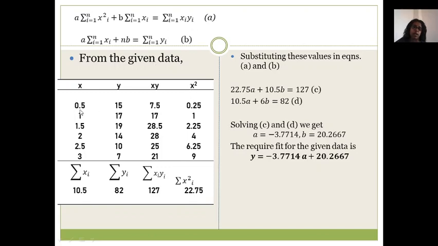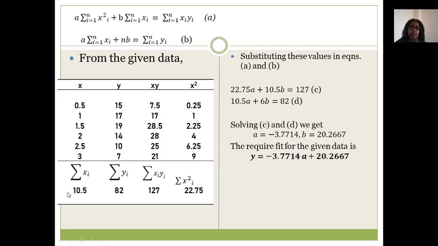So correspondingly, if x is 0.5, y is equal to 15, and xy will be x into y, 0.5 into 15, that is 7.5, and x square, if x is equal to 0.5, x square will be 0.25, and calculate everything accordingly. And take the sum, because we need the sum.